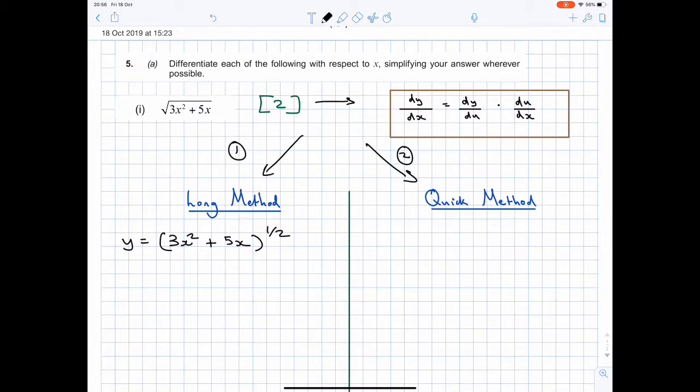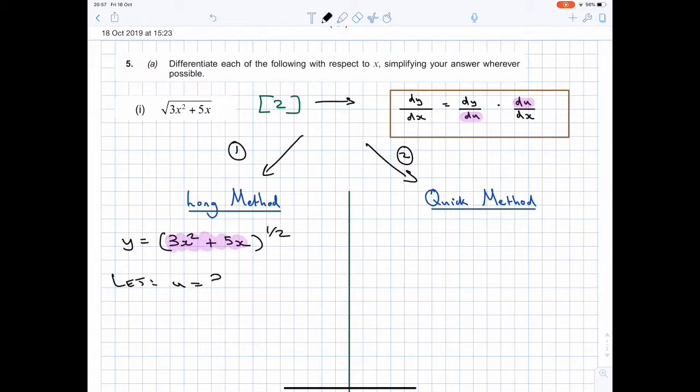Now what we need to do is get the letter u into our method. The reason we need to do that is, if we look in the chain rule equation here, which I've written around the brown, we've got du in our equation. So we need to get the u involved. And the way we're going to do that is, we're going to say let u equal something, and make this equal u.